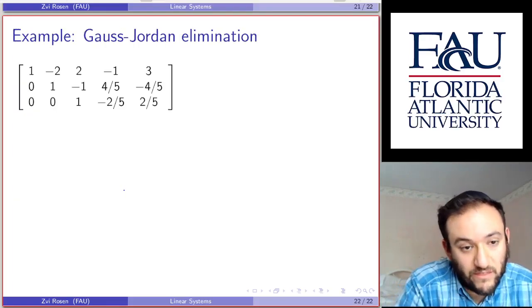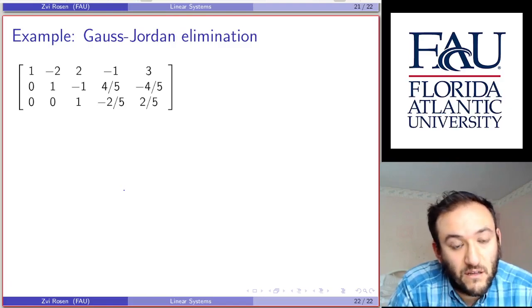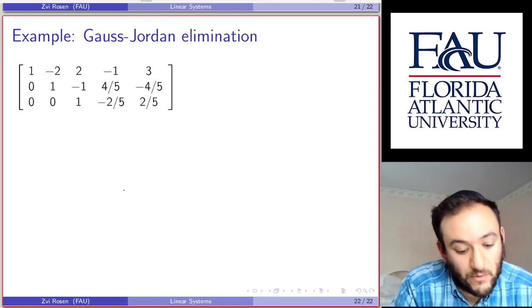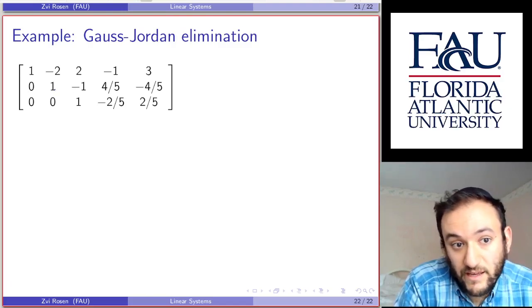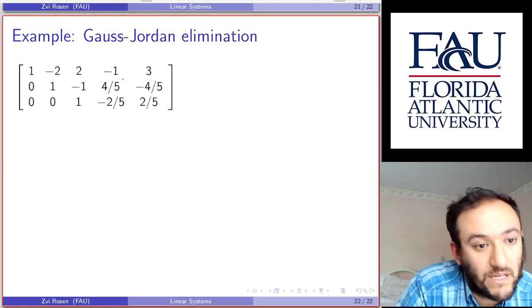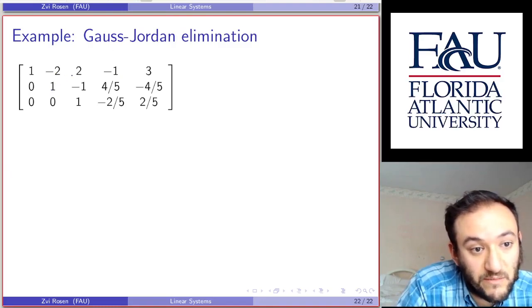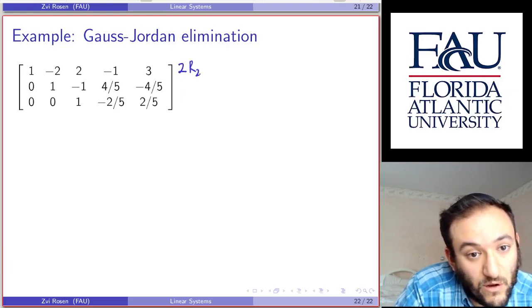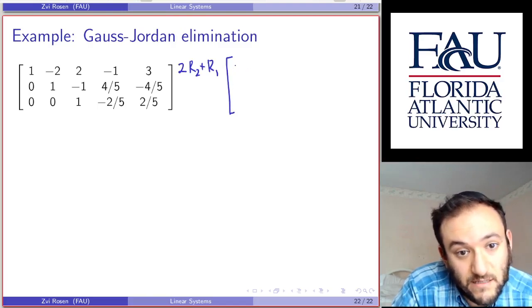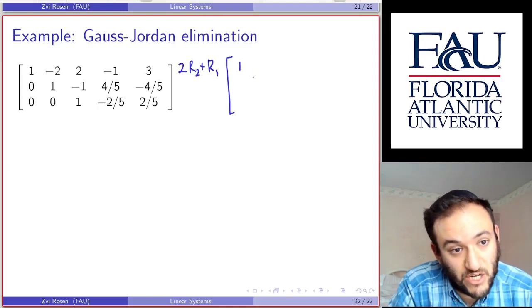So let's do that with this matrix, which is the row echelon form that we got before. To do the Gauss Jordan elimination, we want to eliminate the entries above the leading ones. So the first one to eliminate is this -2. So we can take twice the second row and add it to the first row. What we obtain is, well, the first entry doesn't change.